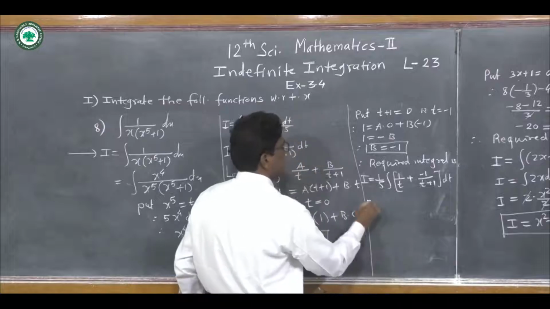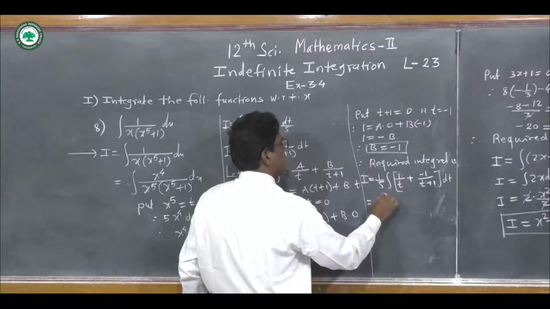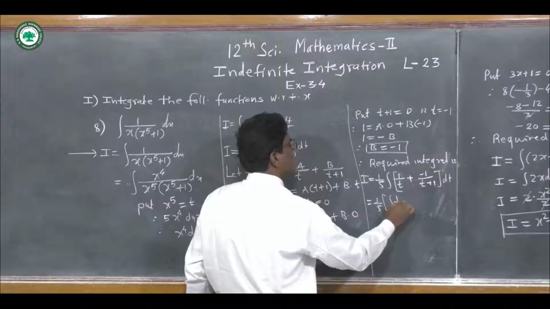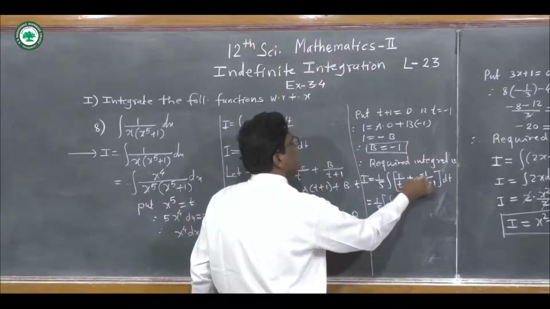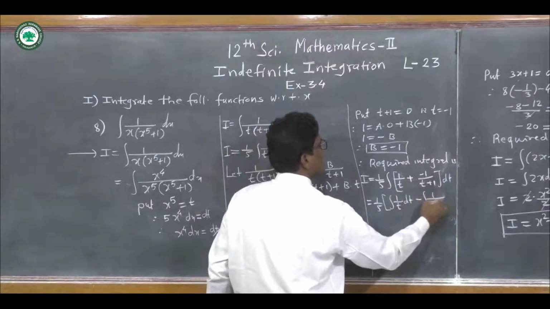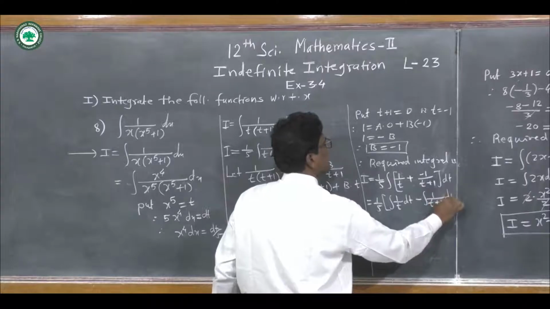Now integrate separately, so 1 upon 5 in square bracket integration of 1 upon t dt, and minus integration of 1 upon t plus 1 dt.